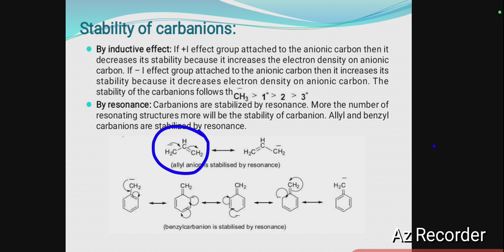So here there is a delocalization of this negative charge and this can be stabilized. Similarly in case of benzyl carbanions, the carbon atom having the negative charge is attached to the benzene ring, then that is termed a benzyl carbanion. Here also this negative charge is undergoing delocalization and this can be stabilized.